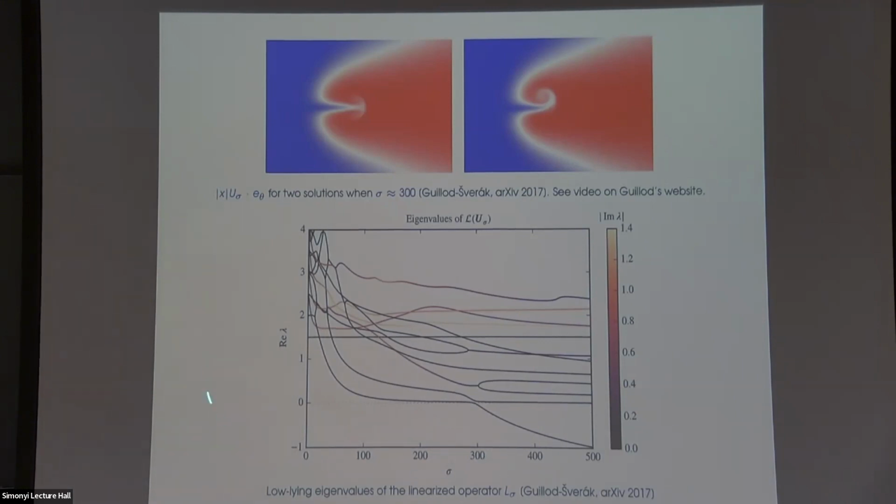So here's just a piece of the spectral calculation. What we're seeing here is the sigma size parameter, and the real part of the eigenvalue lambda. We're just looking at the low-lying eigenvalues, which are close to crossing. You can see here that just below sigma equals 300, the eigenvalue crosses. Now, in what space does the linear operator have discrete eigenvalues?